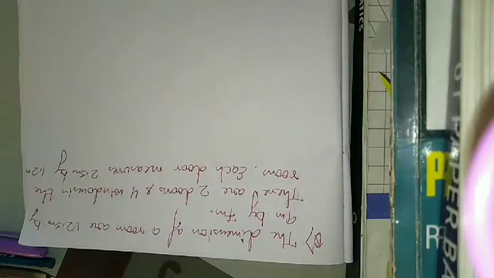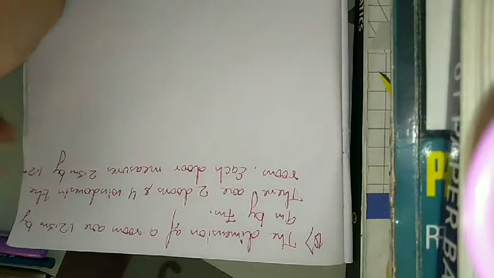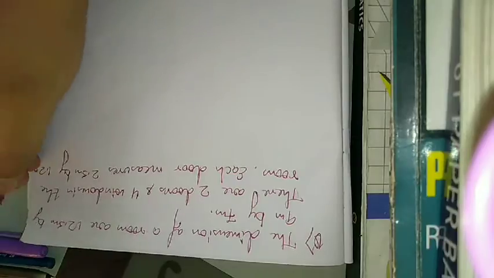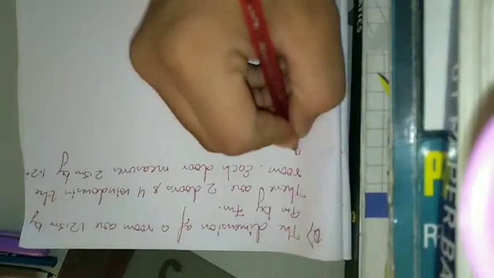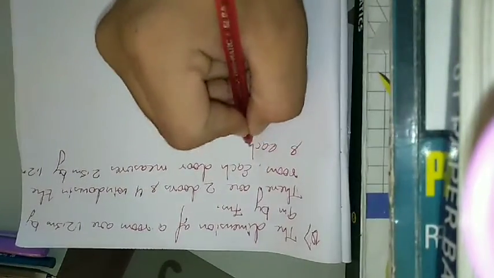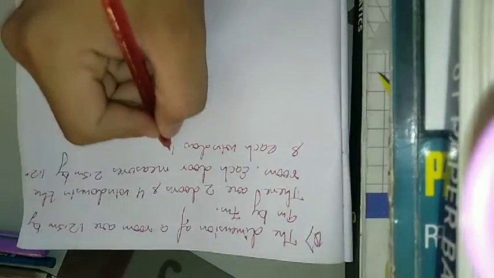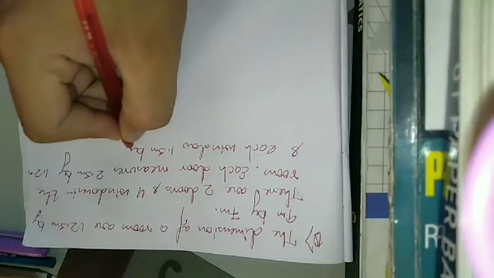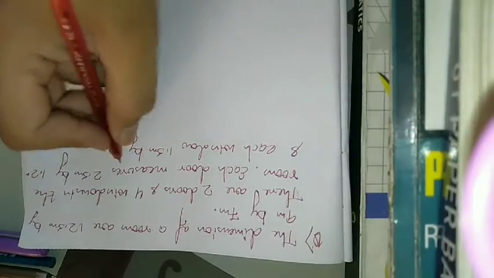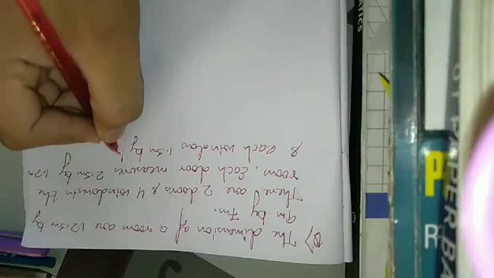So when we are going to paint a room, are we covering the doors? Are we painting the doors and windows? Definitely not, right? So this is the dimension of a door, one door. And there are 2 doors and 4 windows. So let's talk about windows, and each window is 1.5 meter by 1 meter.